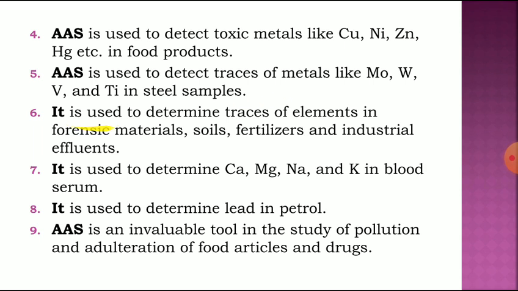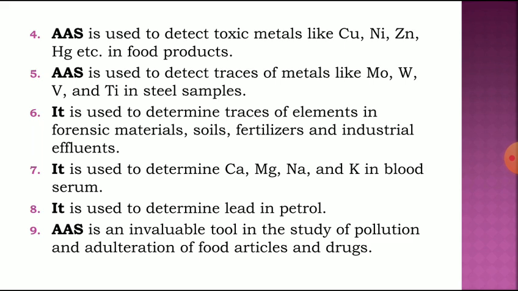It is used to determine traces of elements in forensic materials, soils, fertilizers, and industrial effluents. It is used to determine calcium, magnesium, sodium, and potassium in blood serum. It is used to determine lead in petrol. Last application, AAS is an invaluable tool in the study of pollution and adulteration of food, articles, and drugs.